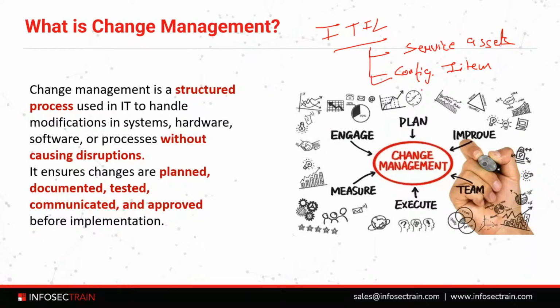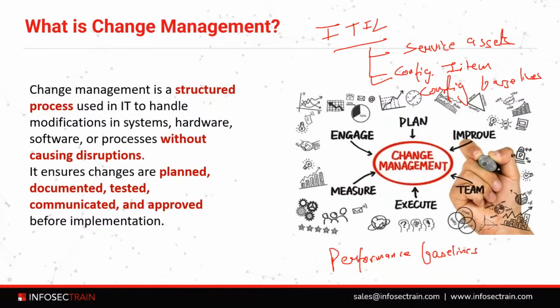Then we have config baselines. Configuration baselines are the settings that should be applied to the configuration item to ensure secure and reliable operation. And the last is performance baselines.